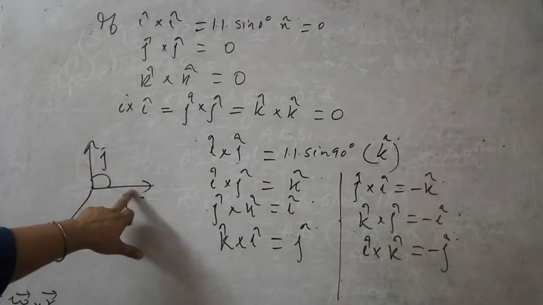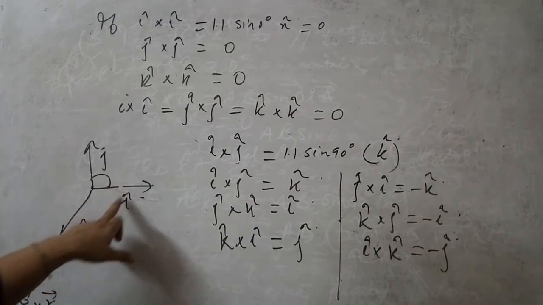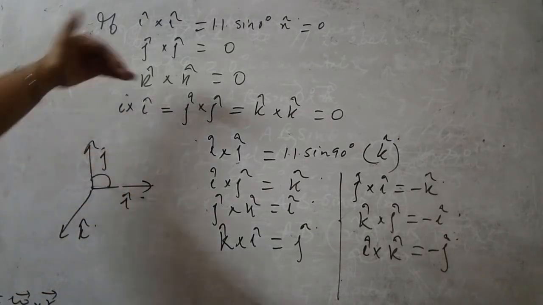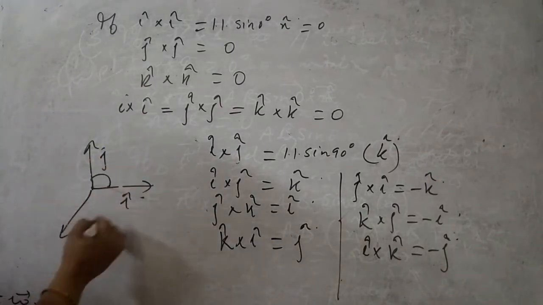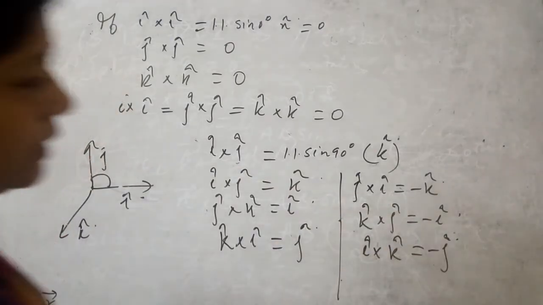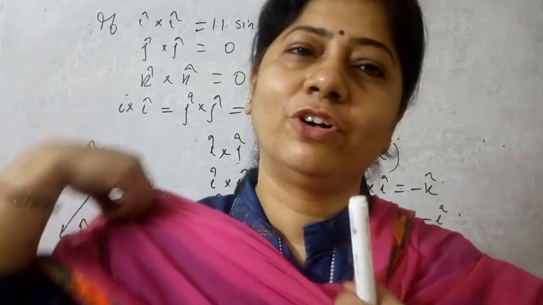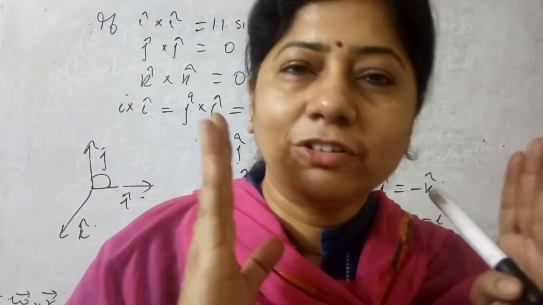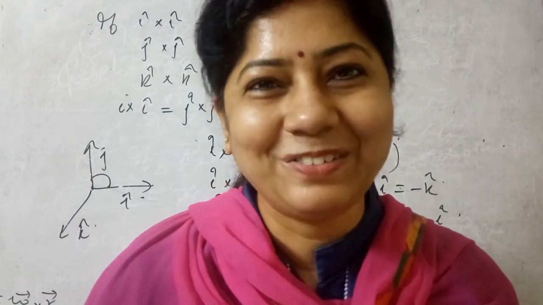So simple rule: I j will give k, j k will give I, k I will give j. But if we go the opposite way, this way we have gone, but if we move this way, then things become negative, right? So this is what we wanted to learn. We are going to apply this completely in the numerical problems yet to come.